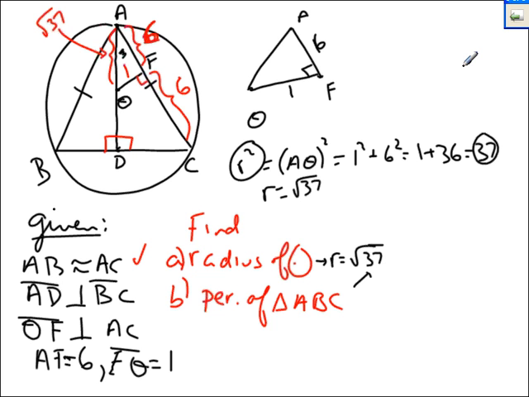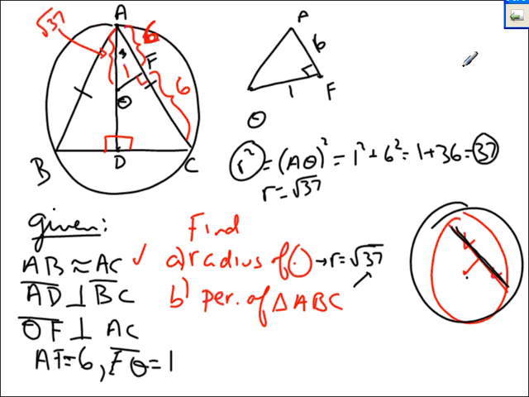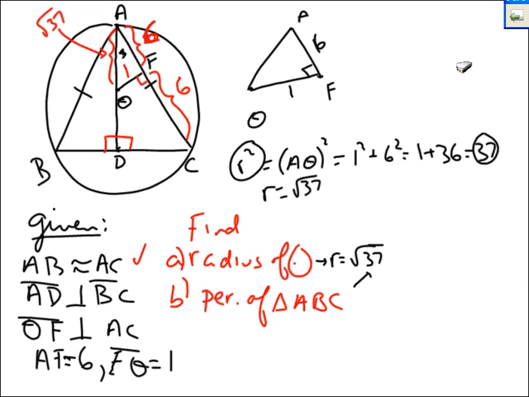Well, it doesn't have to bisect it. If you have a chord and you have a center, when you go to the chord, does it have to split it in half? The answer is yes. It's got to split it in half. There's no way around it. It bisects it.